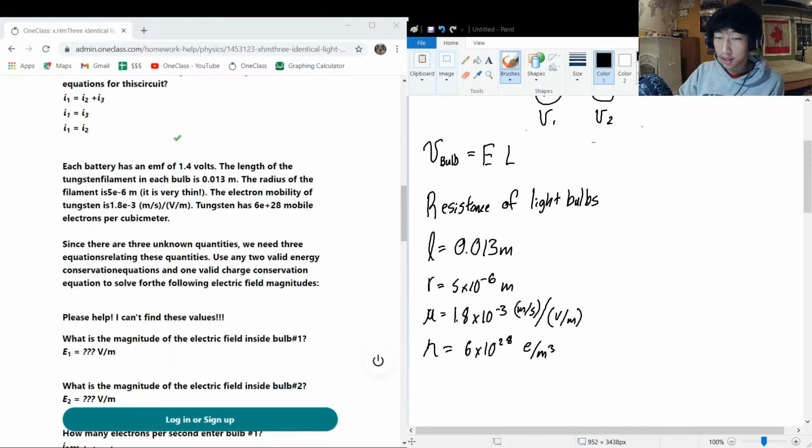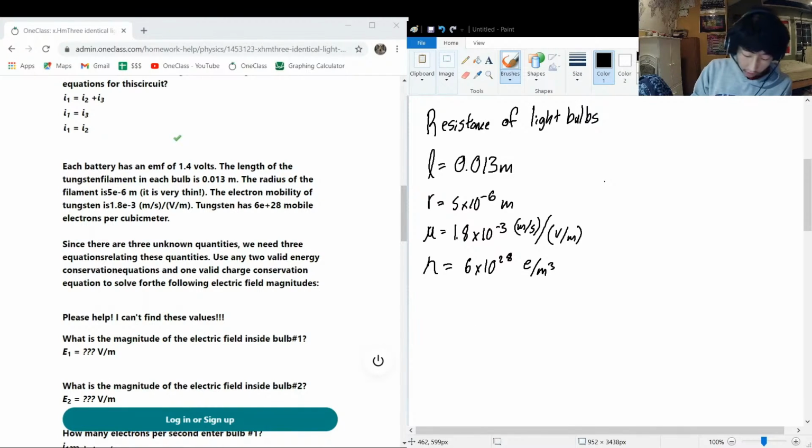Okay, the first thing that we're going to want to do is find the conductance of this. So the conductance is equal to, well, we'll represent it with the Greek letter sigma. And this is going to be our N value, which is our number of electrons per cubic meter, multiplied by our electron mobility, and multiplied by the charge of an electron.